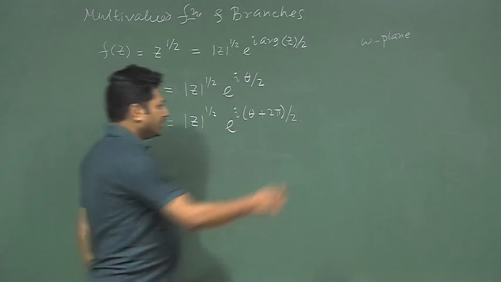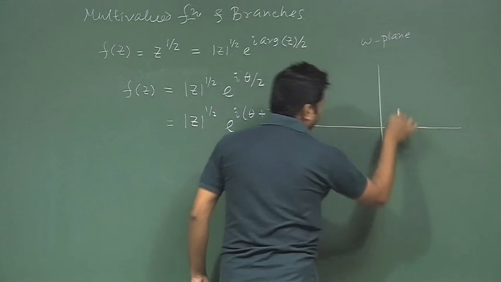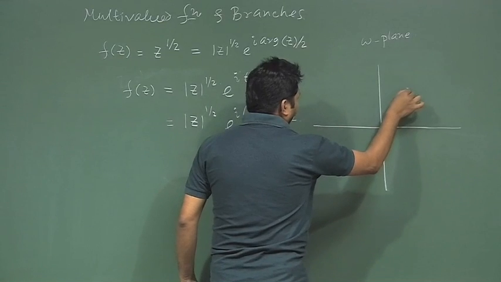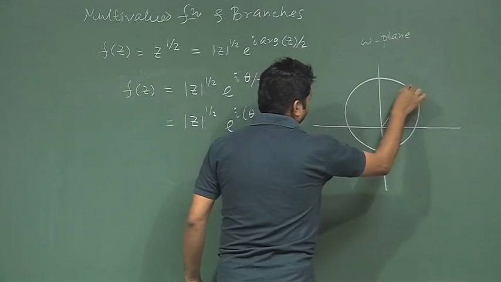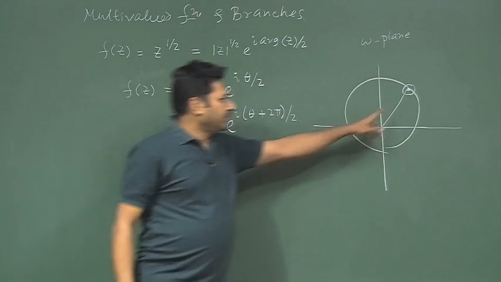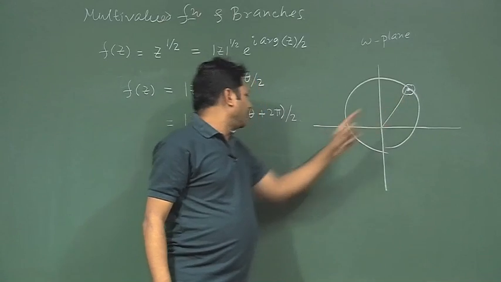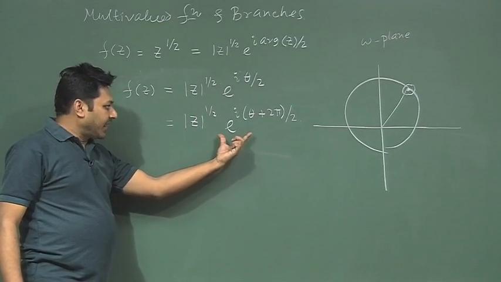Let me draw that once again. This is my z, I rotate and return back to the same point. So, the location of z is the same for these two, but let us check the value of this quantity.